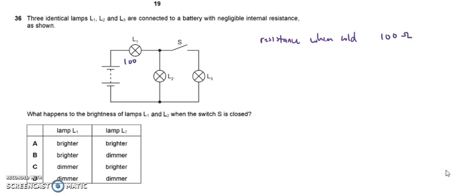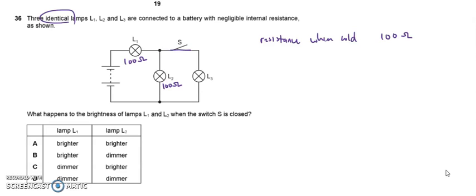So this is 100 ohms and this is 100 ohms. So this is still open. When we apply a potential difference across it, both of them have the same resistance because they are identical. So they will consume the same potential difference, shared equally between both of them, to light up normally.